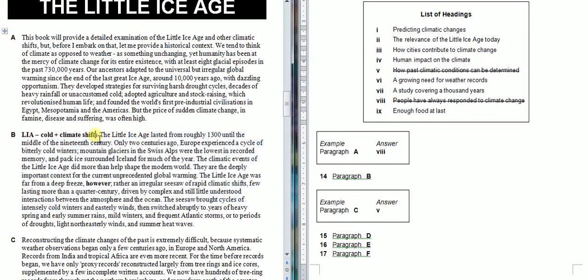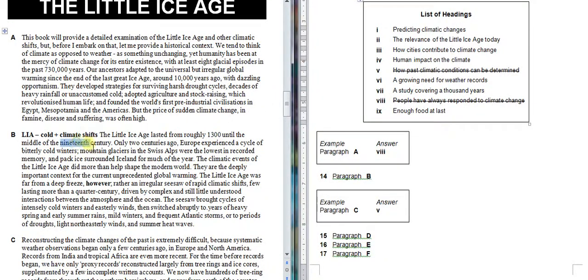Human impact? I don't think so. I don't see any human impact here. Growing need for weather records? I don't think so, no. Study covering 1,000 years. 1,000 years? 1,300 until middle of the 19th century? No. Enough food at last? Food? I don't remember anything about food.